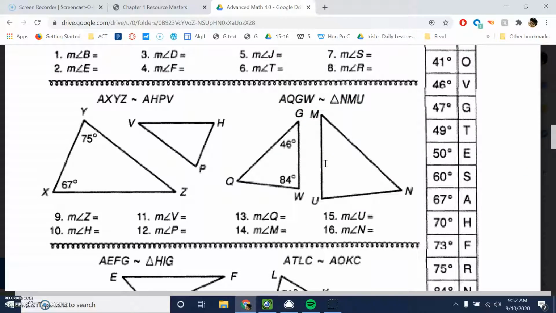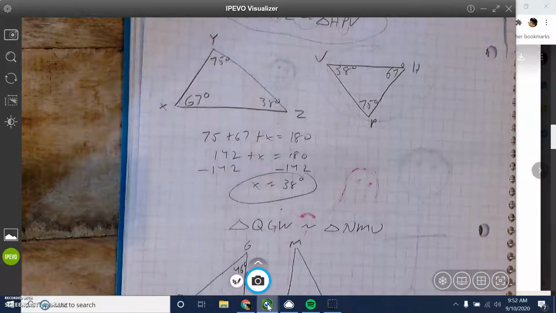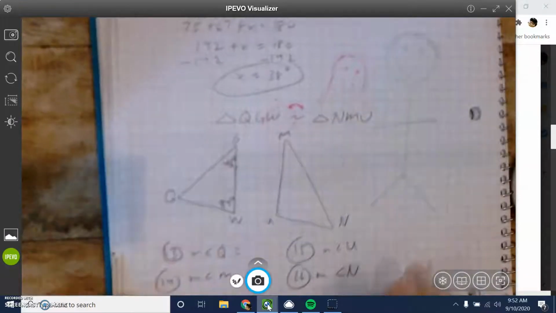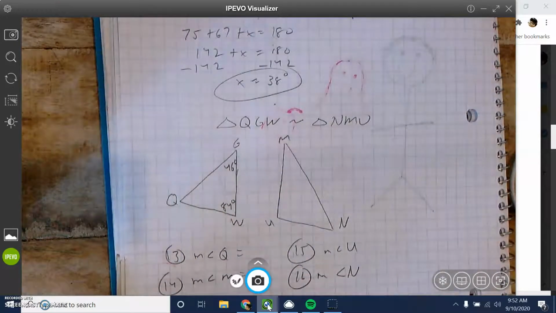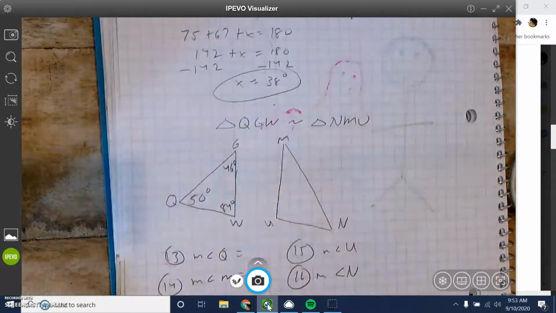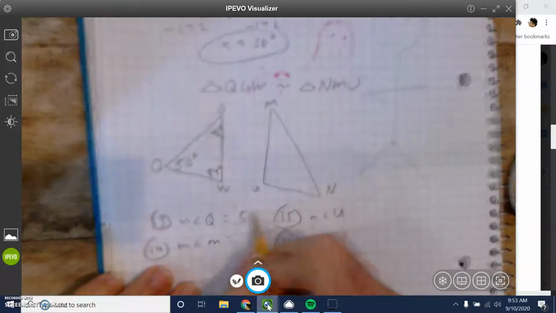Ready, set, go. All right, let's see what we got. So the measure of angle Q, we could do that one first. So 180 minus 84 minus 46 is 50 here. Okay, so the measure of angle Q is 50 degrees.